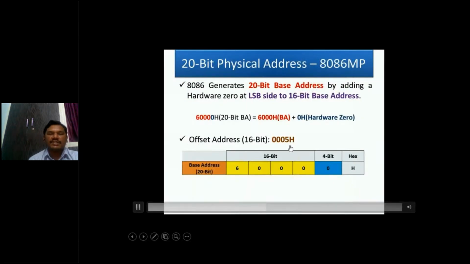So offset address is 16 bits. Base address is 16 bits with the 4 bits of 0. So I have taken 6,000 and 0h becomes 6000h.